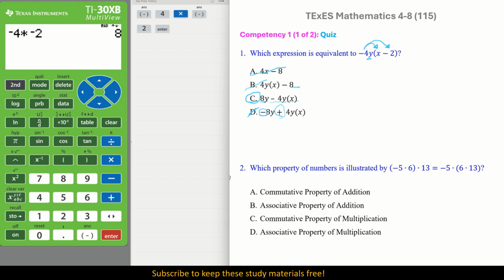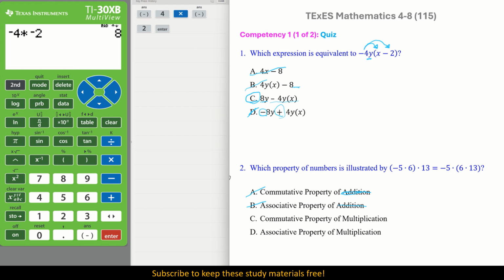Now note, really quickly, you could get rid of some things. Everything is multiplied. So whatever property you're using, more than likely we're talking about multiplication. And we are. So that means A and B can't be it because they're talking about addition. We don't have that going on here at all.